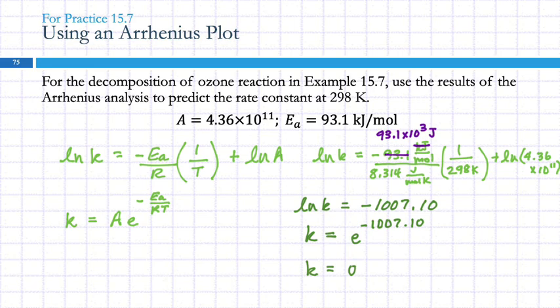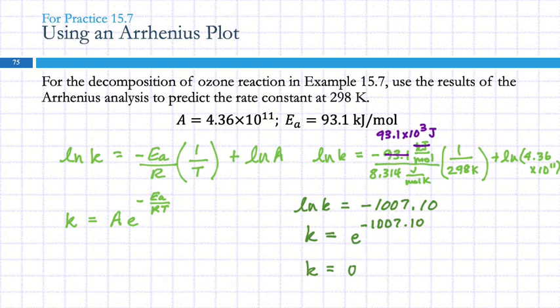What do you get? You got 0 too? And you get 64 for the ln k? Okay. Because this is not the right answer. Okay, so I'm going to try this again.